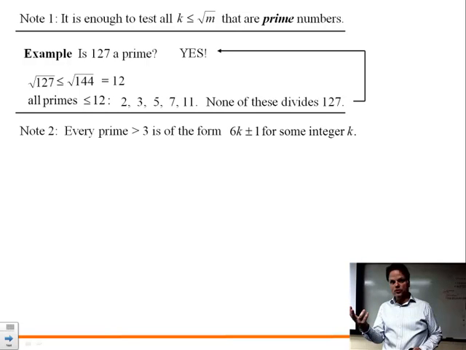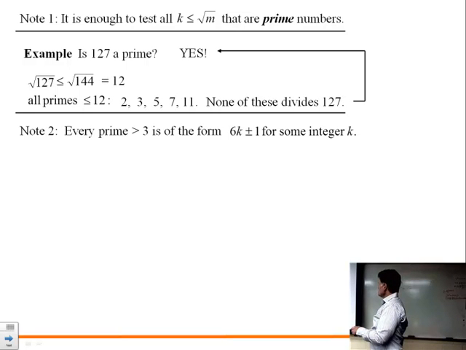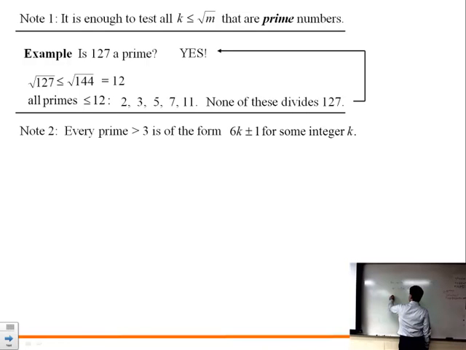Every prime bigger than 3, so every prime except 2 and 3, is always within one of a multiple of 6. So it's always in the form 6k plus or minus 1 for some integer k. And that's not hard to see. If you look at the integers, start with some multiple of 6, so 6 times k for some k.